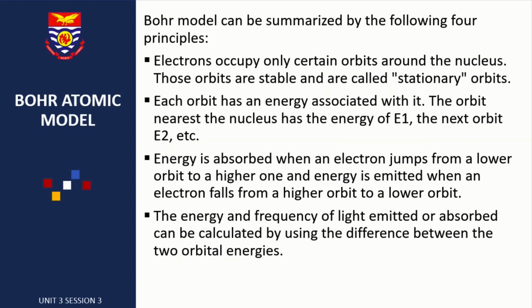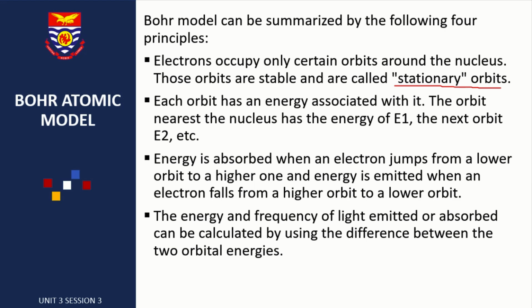Now came Bohr, and there are four postulates that Bohr put forward. The first one was that the electron occupies only certain orbits around the nucleus. Those orbits are stable and are called stationary orbits. Each orbit has an energy associated with it.